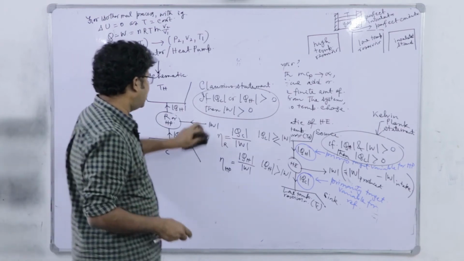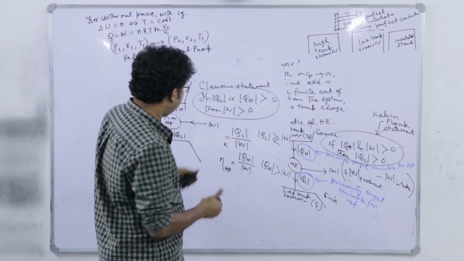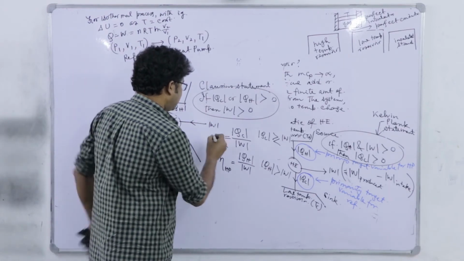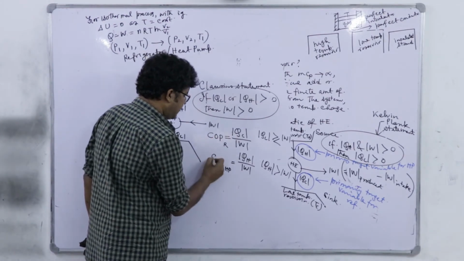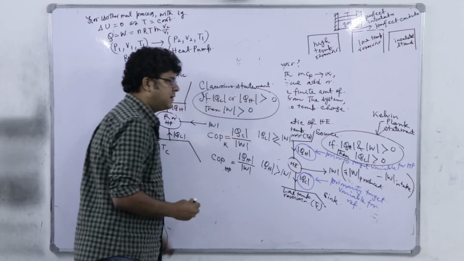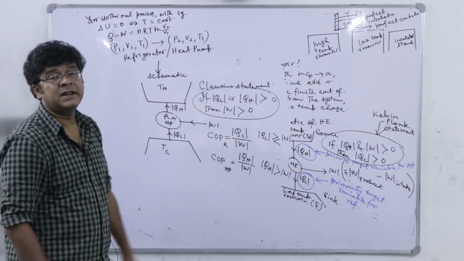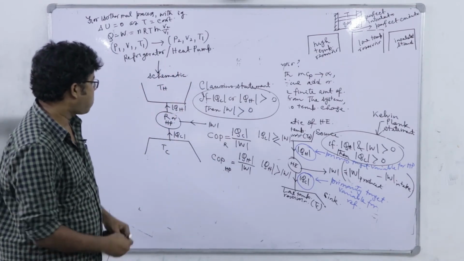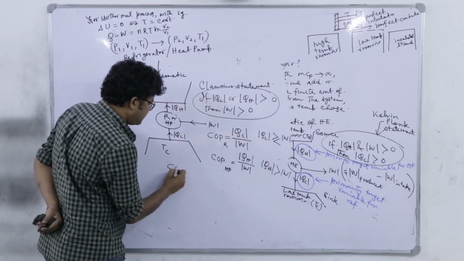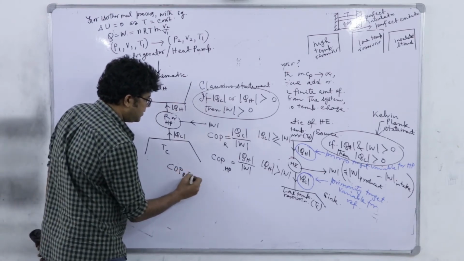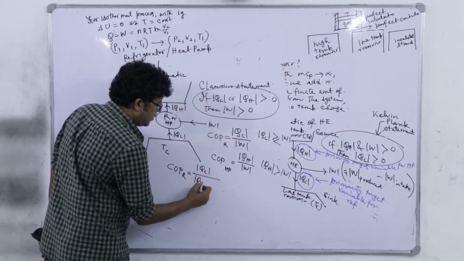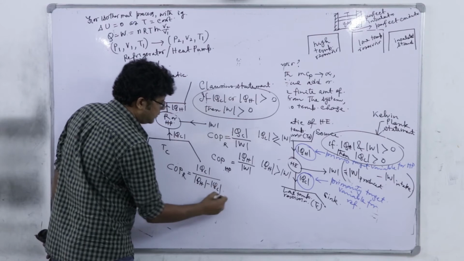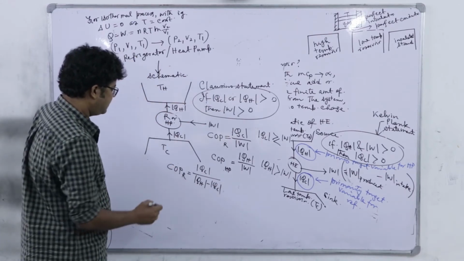So we will not call them efficiency, but we rather call them coefficient of performance, because classically the efficiency should be less than 1. The coefficient of performance for a refrigerator is mod QC divided by mod QH minus mod QC, which is an outcome of energy balance.